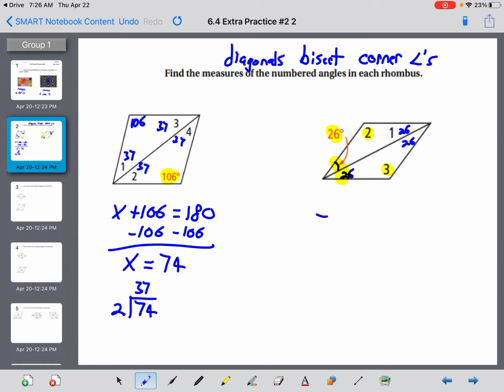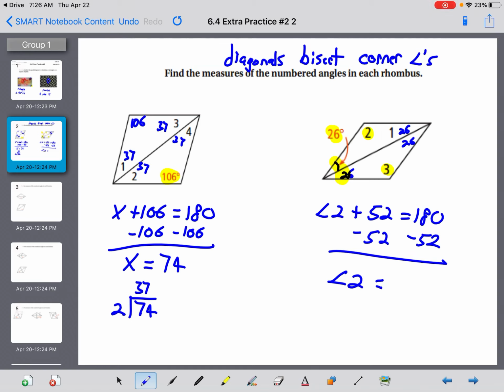So really, angle 2 plus 52 equals 180. Subtract 52 on both sides, and angle 2 is equal to 180 minus 52, which is 128 degrees. Its opposite angle is angle 3, so angle 3 is also 128.